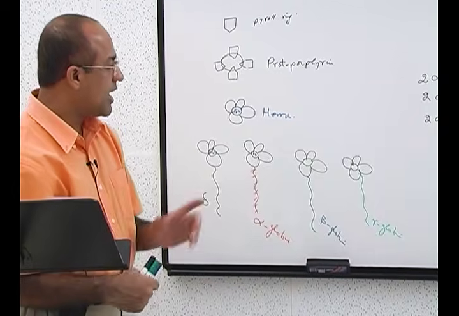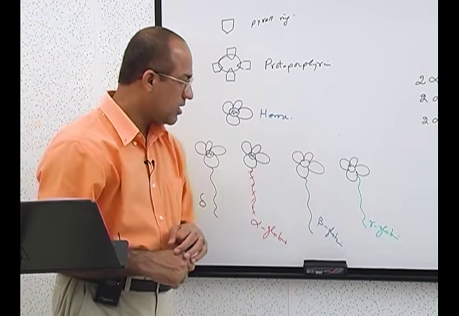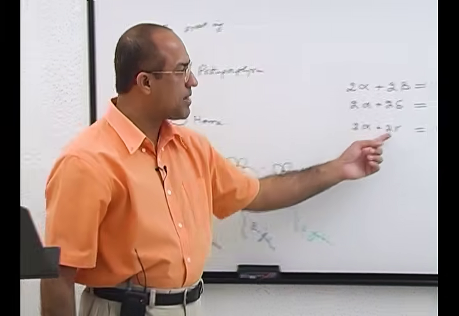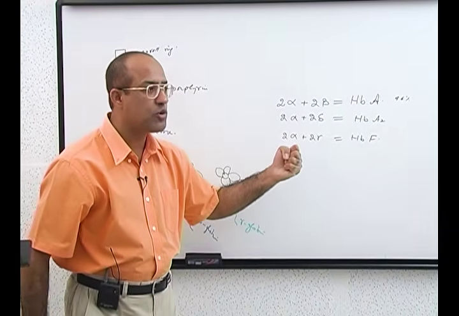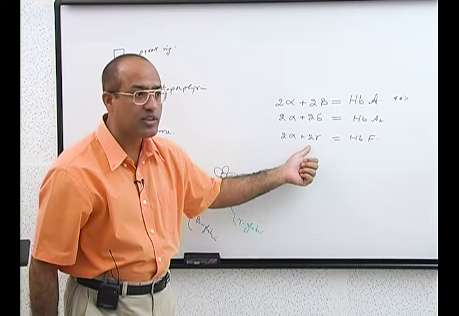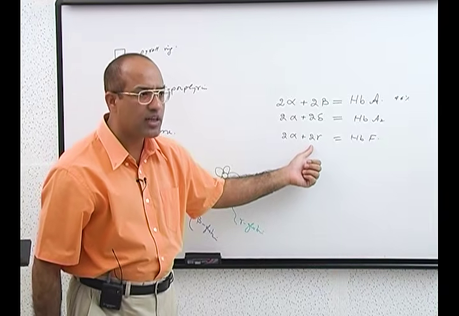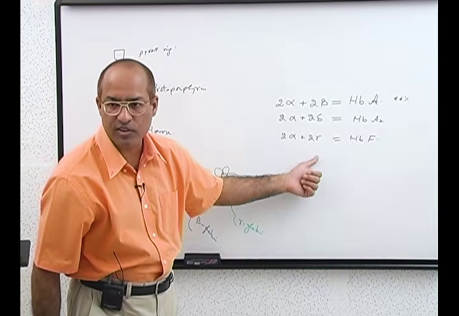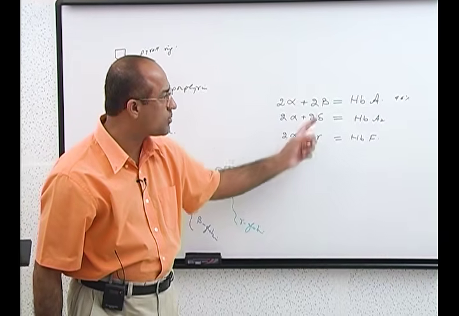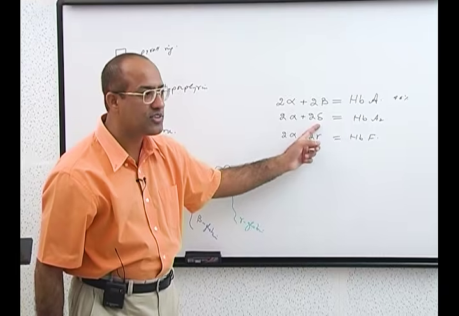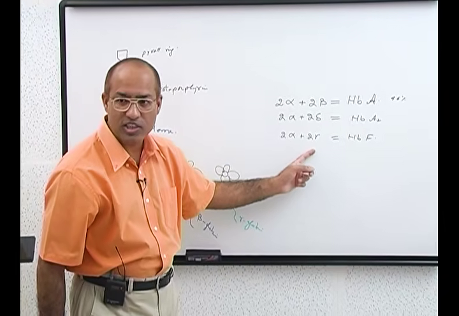Another important thing. Fetal hemoglobin with gamma chains has a stronger affinity for oxygen, so that it can really pull the oxygen from the maternal circulation to the fetal circulation. So the fetus is very clever. It does not activate beta chain or delta chain genes, it activates gamma chain genes.